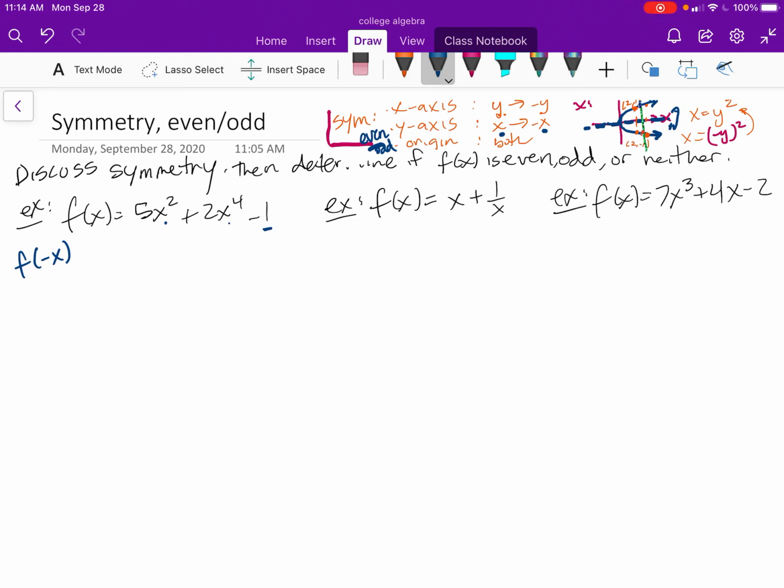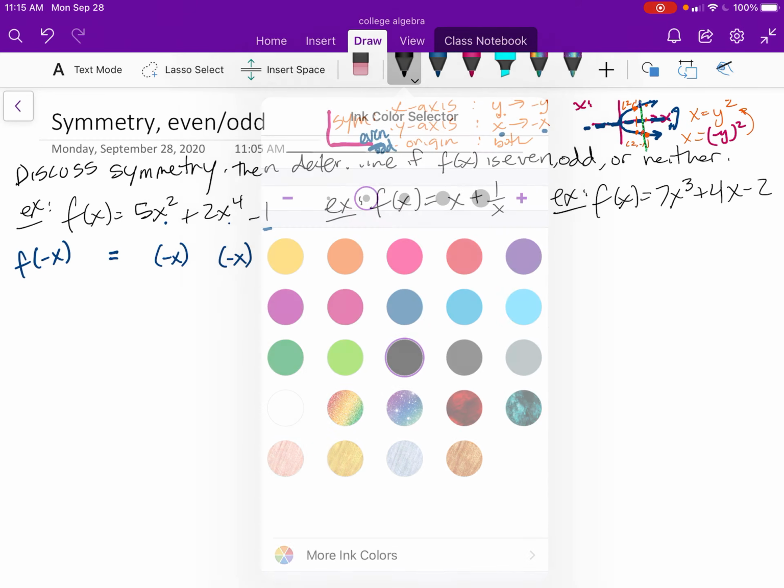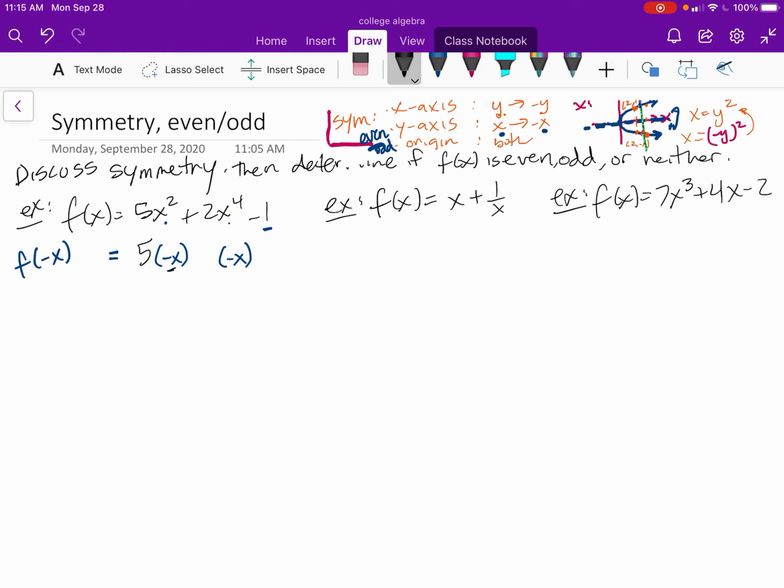So if I substituted a -x, then I would have this here and this here. I'm going to rewrite the rest back in black. So I'd have 5x squared plus 2x to the fourth minus 1. But -x squared is positive, and -x to the fourth is still positive.